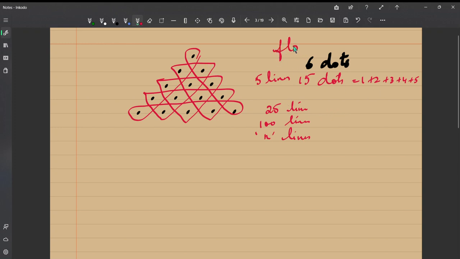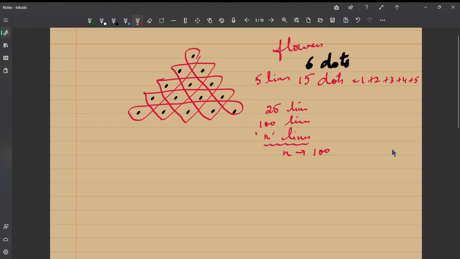How many flowers in advance should he buy so that he can make a huge rangoli for a special occasion with n number of lines? I'm just saying n can represent 100 or 200 or whatever the person decides to make.